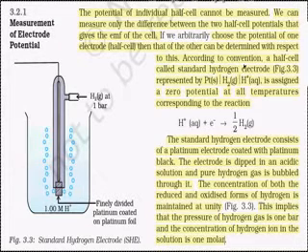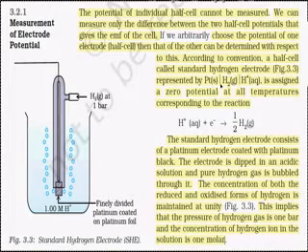So according to convention, a half cell called the standard hydrogen electrode, SHE in short, is represented by Pt, H2, H+, where Pt is platinum.